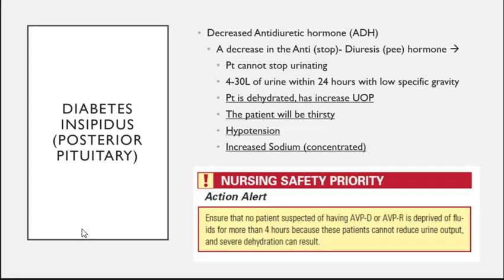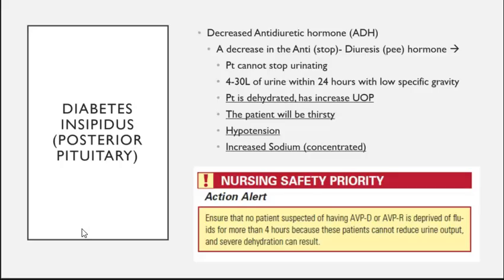So diabetes insipidus with the posterior pituitary, we do not have enough ADH. We do not have enough of that anti-peeing hormone. So we are peeing a lot. The patient cannot stop urinating. The patient will have up to 30 liters of urine within 24 hours.